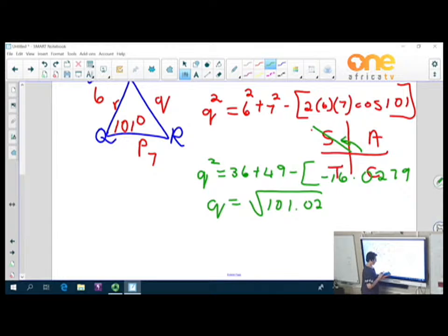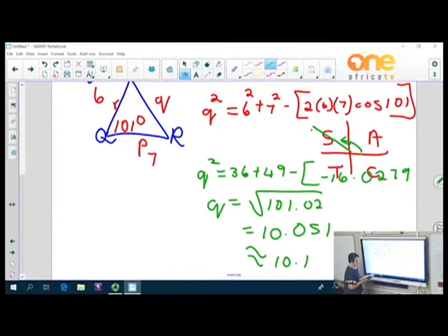Let me just check if that one is right. 36 plus 49 plus 16.0279. Yeah, it gives us the same answer. And then we square root that one. The final answer is 10.051. This rounds off to 10.1 centimeters. Good. Well done.